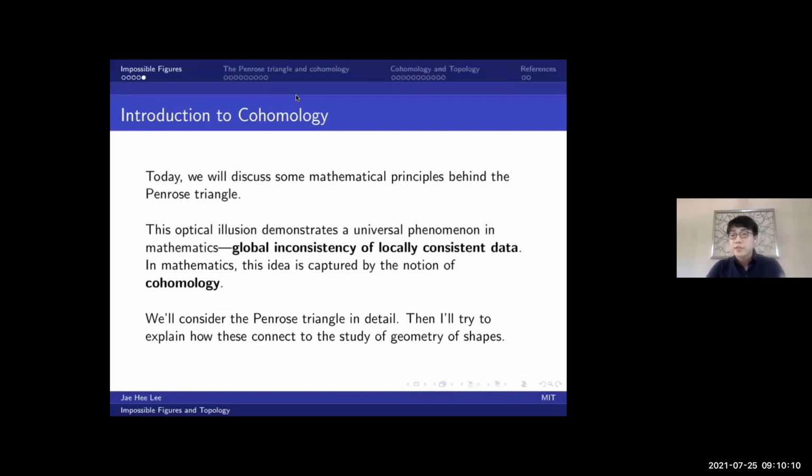And in the second part of the talk, after I'm done explaining what cohomology is through this example of the Penrose triangle, I'll try to briefly explain how this is relevant to a certain branch of mathematics called topology, how the idea of cohomology and this kind of global inconsistency of locally consistent data can be used to study certain global geometric properties of mathematical spaces. So that's the basic outline of the talk. And maybe I'll begin by discussing the Penrose triangle in a bit more detail.